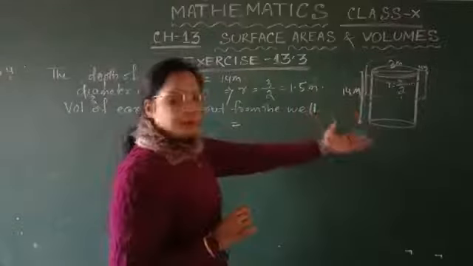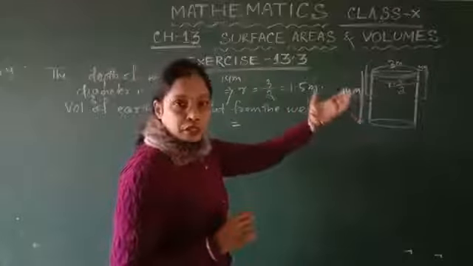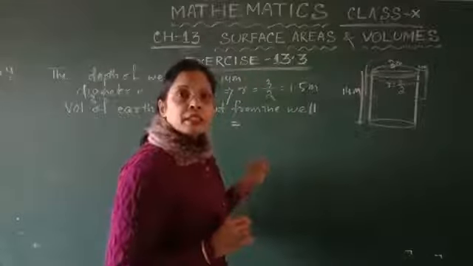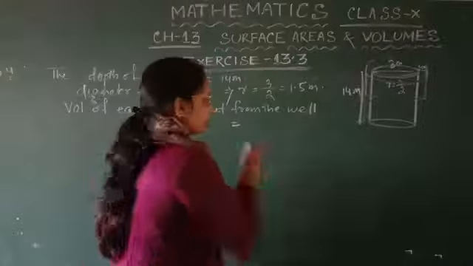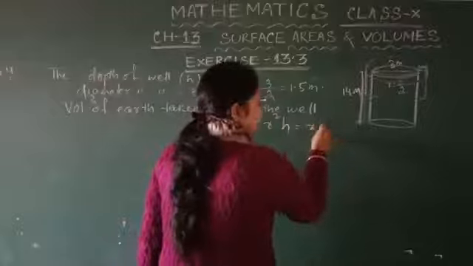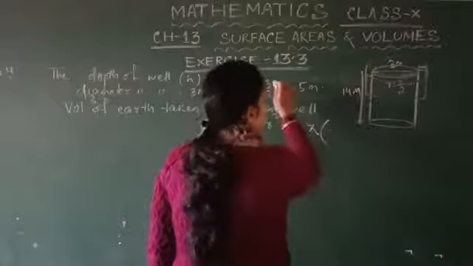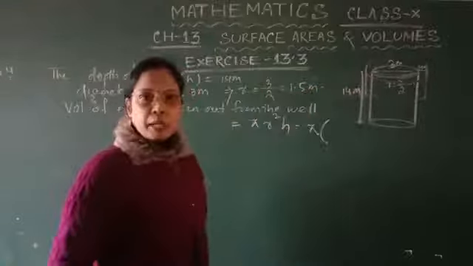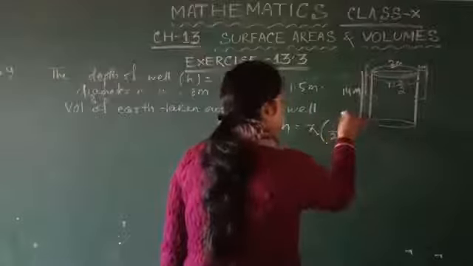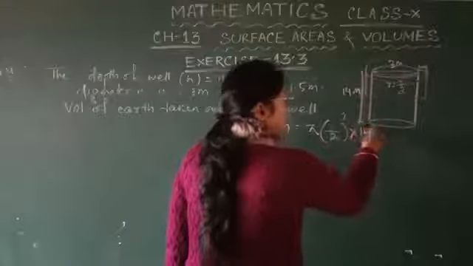The well is in the shape of a cylinder, so the volume of the cylinder is pi r square h. So that is pi into r, which is 3 upon 2, that is 1.5, so 3 upon 2 square into h, which is 14.